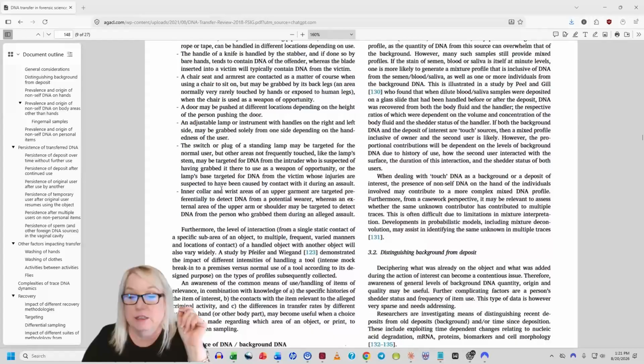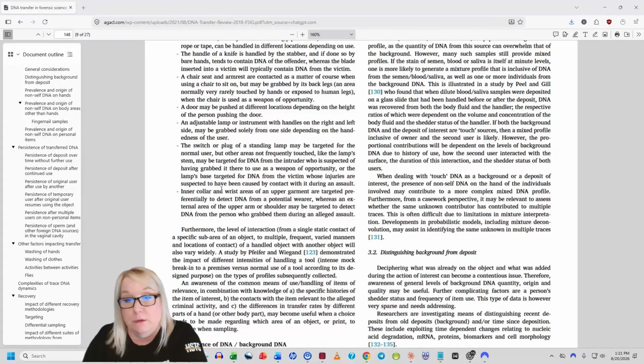When dealing with touch DNA as a background or deposit of interest, the presence of non-self DNA on the hand of the individuals involved may contribute to a more complex mixed DNA profile.